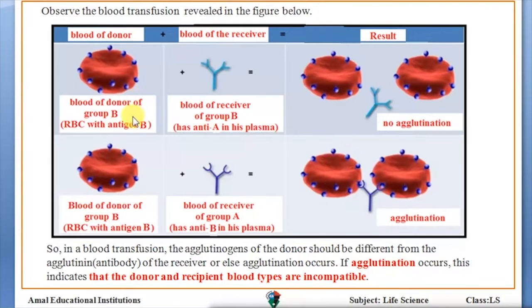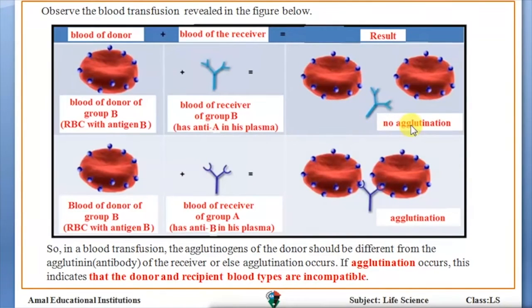If this blood is going to be given to a receiver that is of the same blood group, that is group B, the receiver is going to have anti-A antibodies in his plasma, as you know. In this case, the anti-A antibody will not bind to the antigen B on the red blood cell of the donor. So there will be no agglutination.